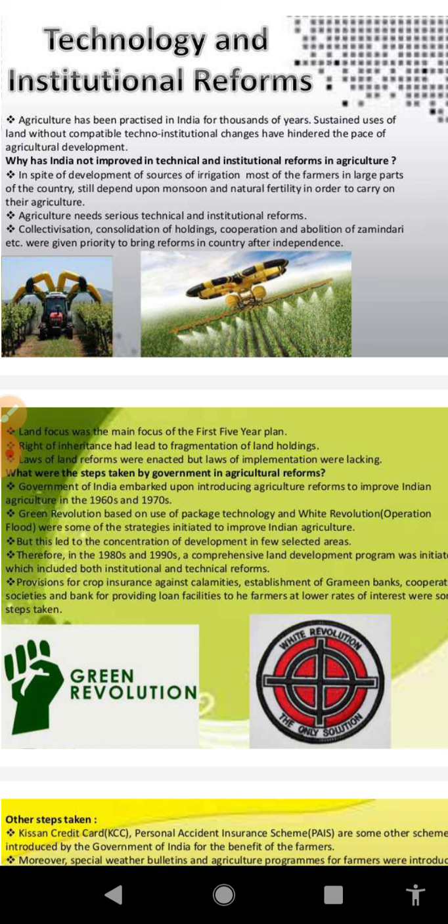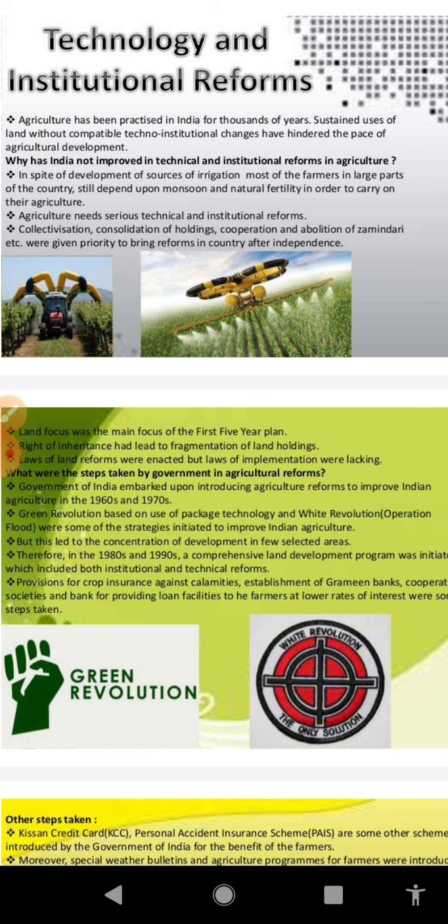So, after independence, the state governments took steps to consolidate small and uneconomic units into larger viable holdings at one place. This helped to introduce mechanization, irrigation, and even improve farming practices. In this way, farmers were able to increase agricultural output.